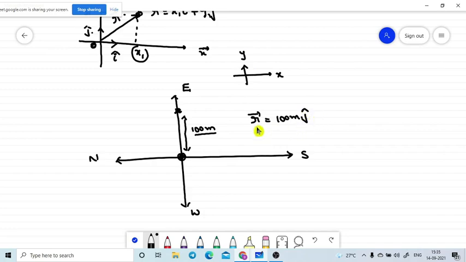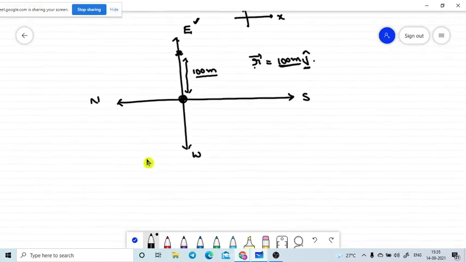So your friend's house is located at 100 meters of j cap. What is the meaning of this? This equation is telling that your friend's house is located at a 100-meter distance in the east direction.